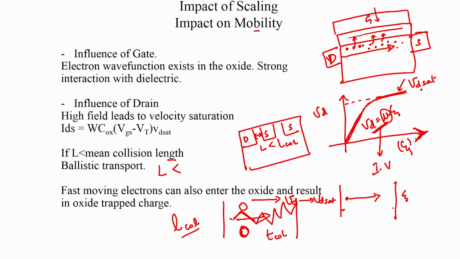So, we have brought the channel lengths to within these mean scattering lengths, and therefore, in these regions the electrons could accelerate, and in this case the transport is called ballistic transport.